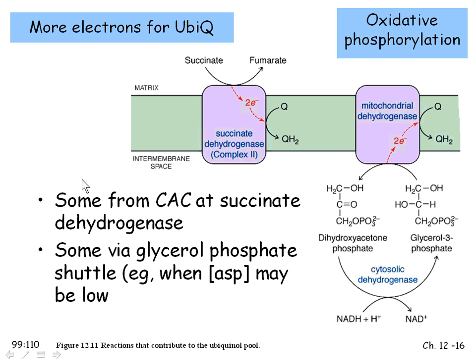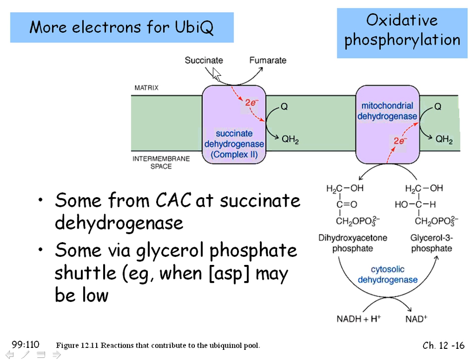Now, ubiquinone can also receive electrons from a second source through complex 2. And this is an enzyme that we know as an enzyme of the citric acid cycle, succinate dehydrogenase. Succinate dehydrogenase was the only member of the citric acid cycle that was actually an integral membrane protein.